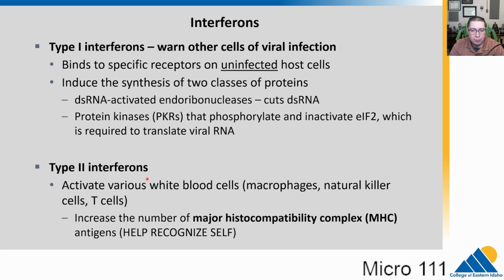Type 2 goes out and activates other white blood cells, macrophages, natural killer cells, and T cells. This is going to rely on and increase the number of what we call major histocompatibility complex antigens. So we'll talk about this later in chapter 16, but these help us recognize self versus non-self.